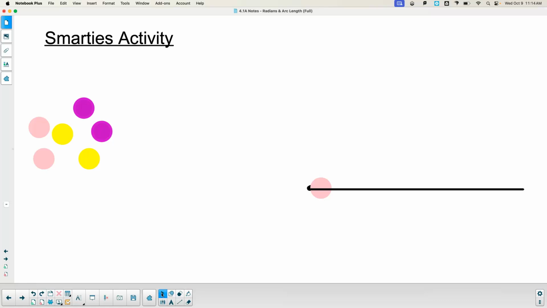And you're going to do that 7 times. So you want a line of 7 Smarties. Or I shouldn't say a line, a string of 7 Smarties along your line, side by side.